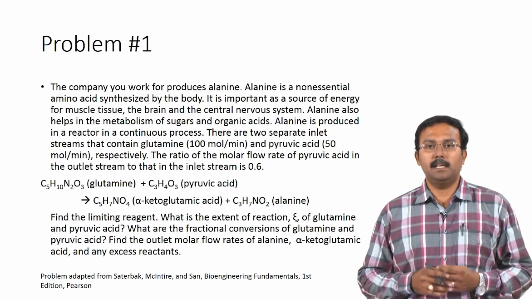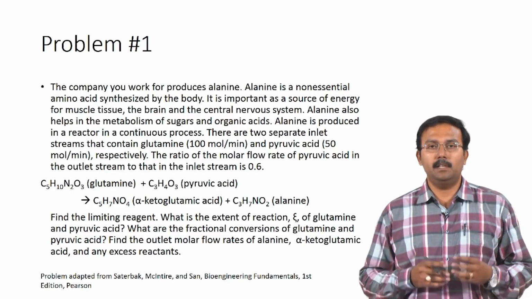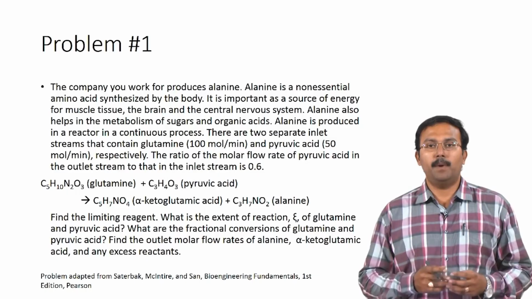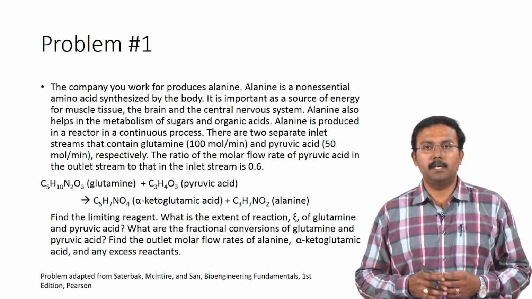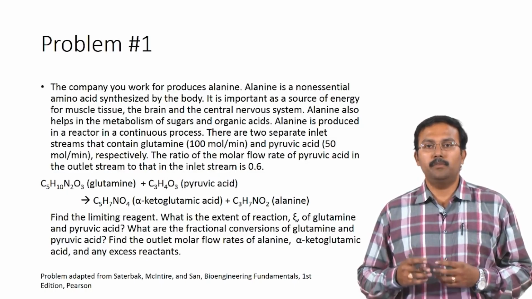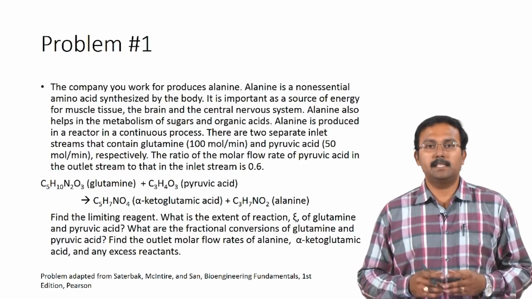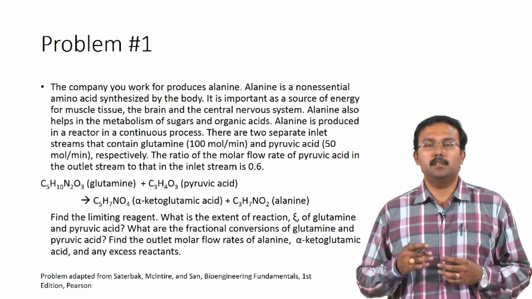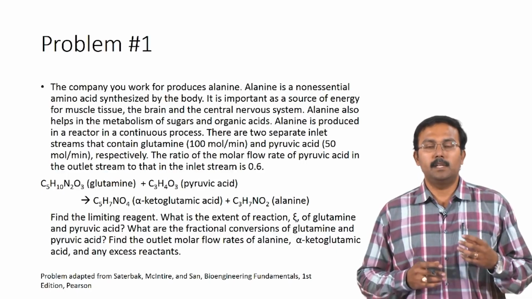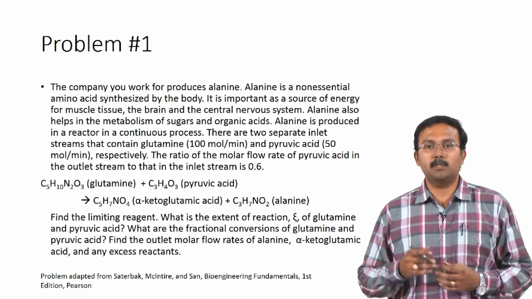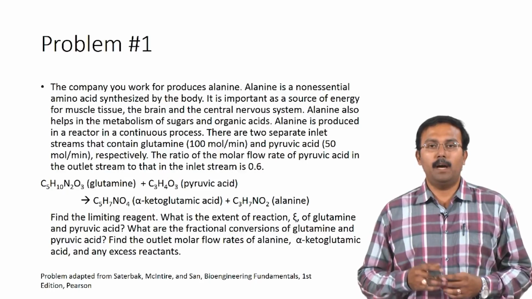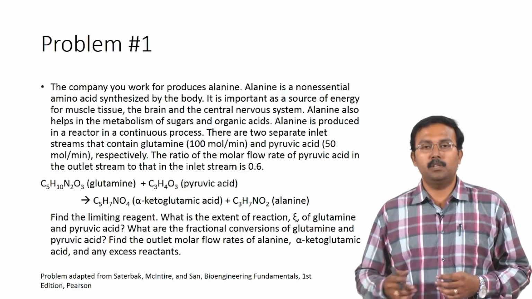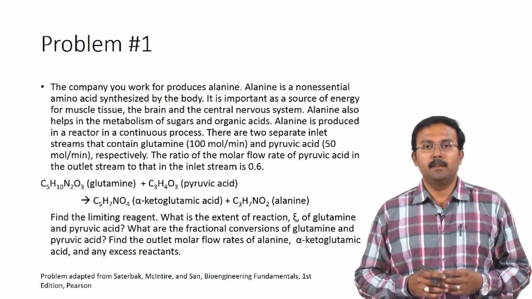There are two separate inlet streams that contain glutamine at 100 moles per minute and pyruvic acid at 50 moles per minute. The ratio of the molar flow rates of pyruvic acid in the outlet stream to that in the inlet stream is 0.6. So the reaction is glutamine reacts with pyruvic acid to form alpha ketoglutaric acid and alanine.